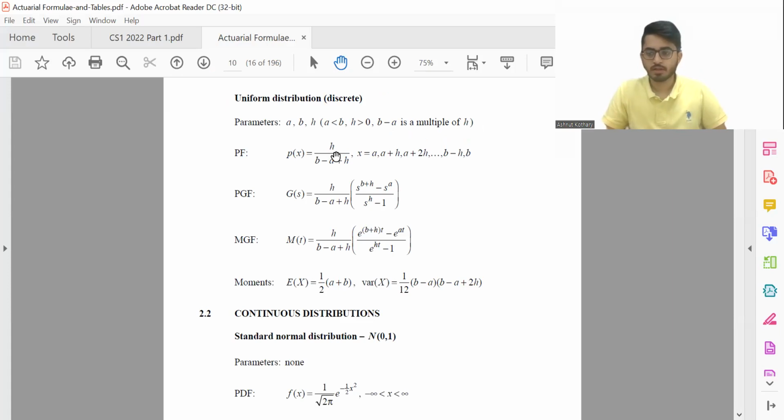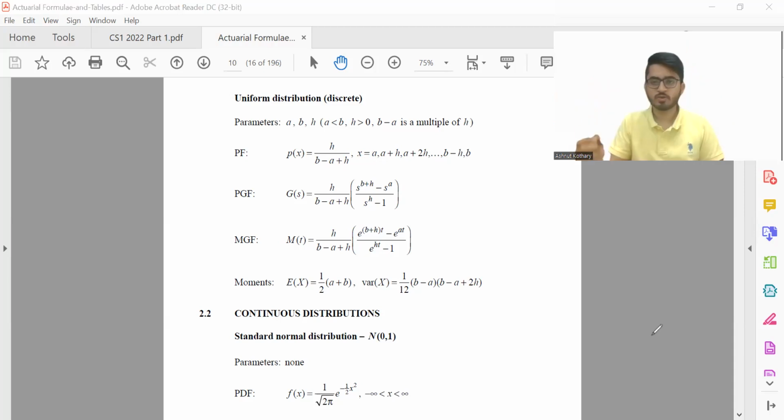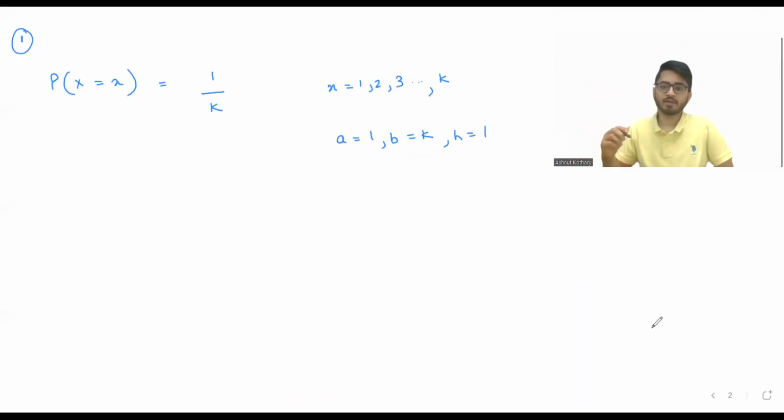A is 1, H is 1, so what we are left with is 1 by K only. Again, the range will be 1, comma 1 plus 1, which is 2, comma 3, so on till K itself. So this was the usual way in which they are given in actuarial tables.